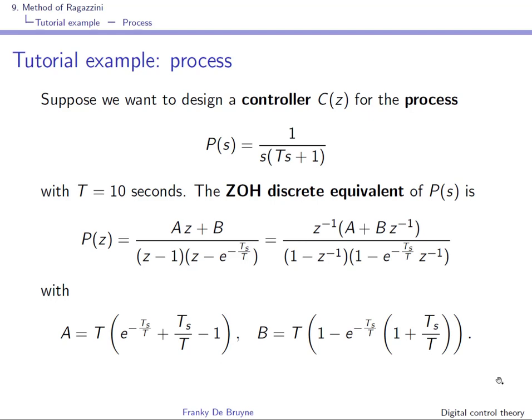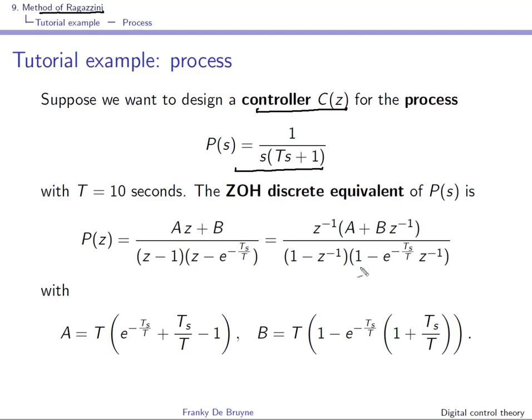So we'll now design a controller, a digital controller, for our tutorial process using the method of Ragazzini, right? So this is direct digital design, so we should base our controller design on a zero order hold equivalent description of the process, and we have computed this previously.